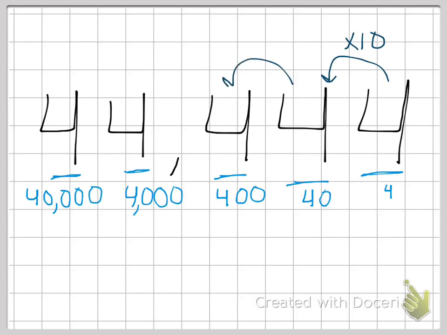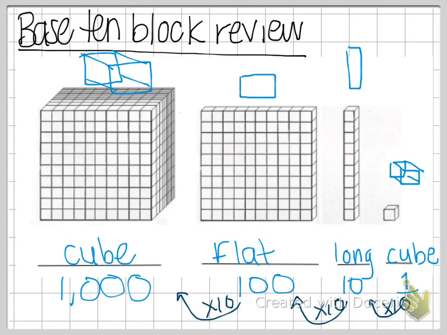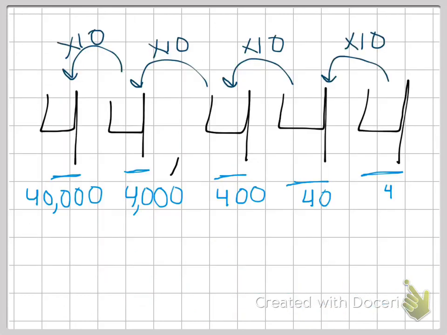And this pattern would continue all the way down. This 4 in the hundreds place is 10 times greater than the 4 in the tens place, and so on and so forth. Because just like our base 10 blocks, it increases 10 times as you move to greater place values.